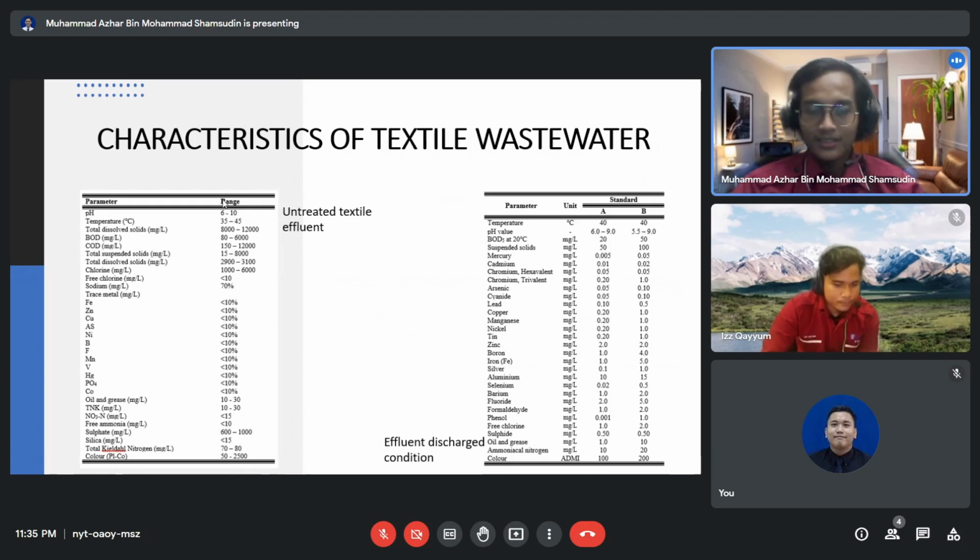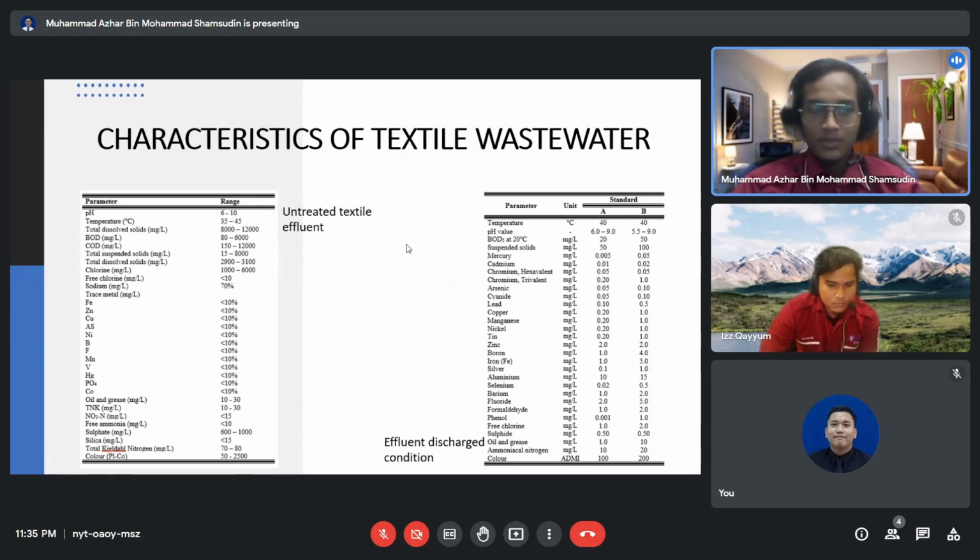Compared to the right table, which is the discharge effluent condition required to be able to discharge to the environment, some parameters comply, but most of the parameters do not comply, which means this untreated textile water cannot be discharged to the environment.